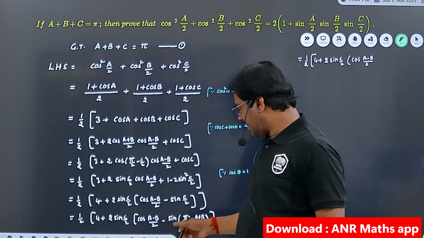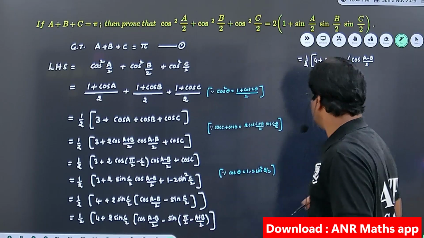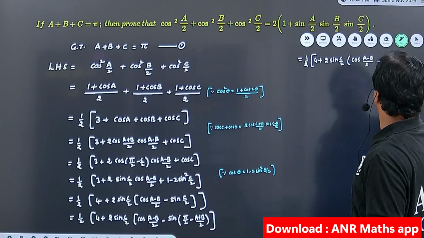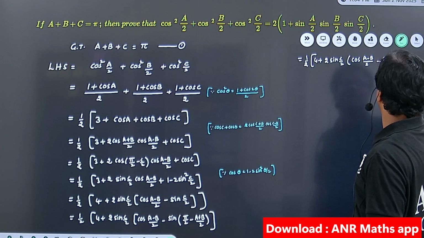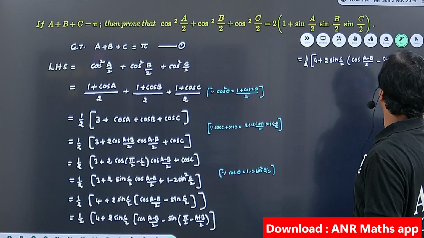Next, sin (90 minus theta) is written as cos theta. Therefore minus cos (A plus B) divided by 2.